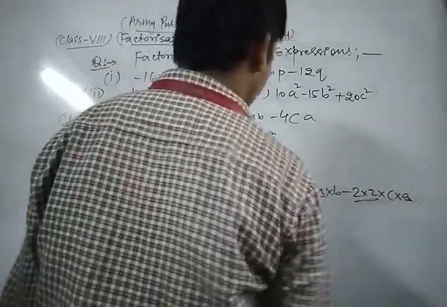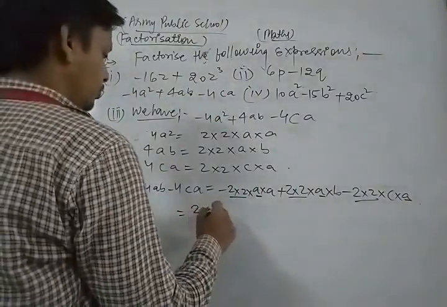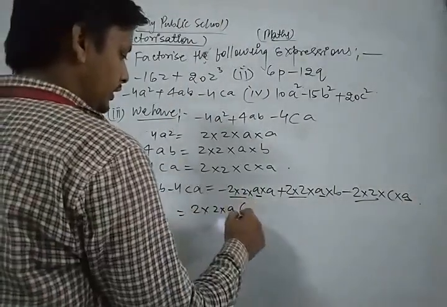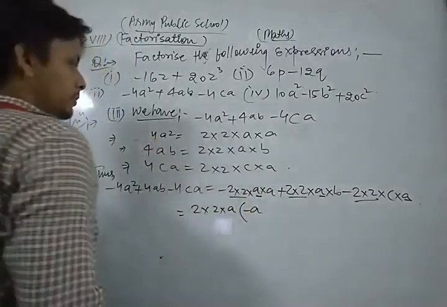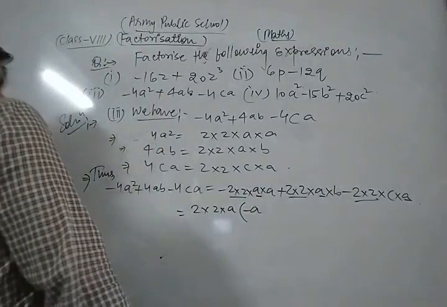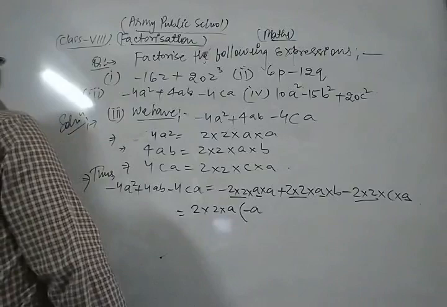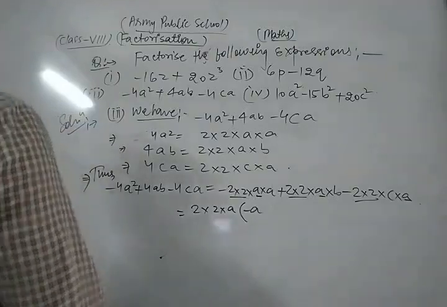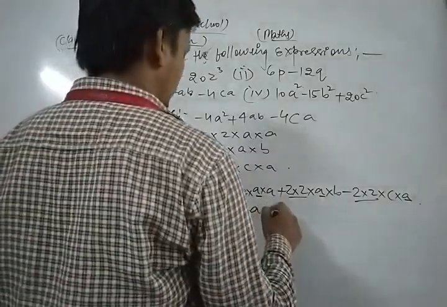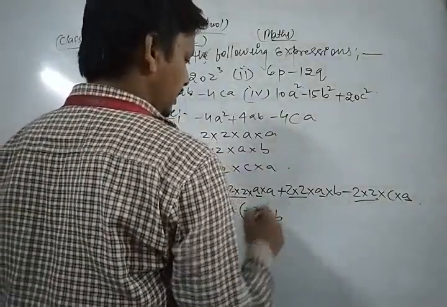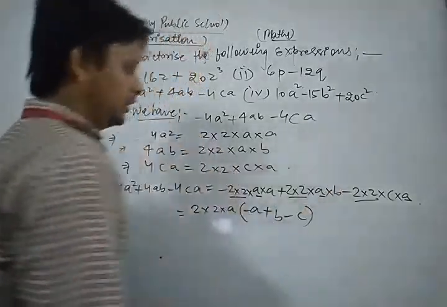So in this way we take 2 into 2 into a as common, so we get minus a plus b minus c, since b is left in the second term and minus c is left in the third term.